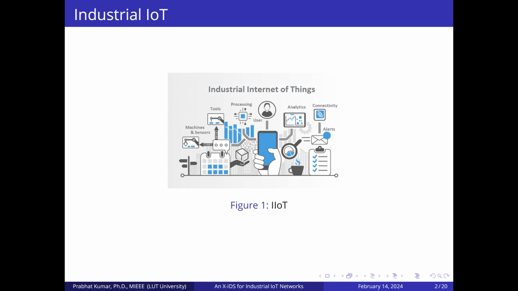So this is one example of Internet of Things, where you want to connect the devices with internet to collect or gather some data, based on which you want to make some decisions.